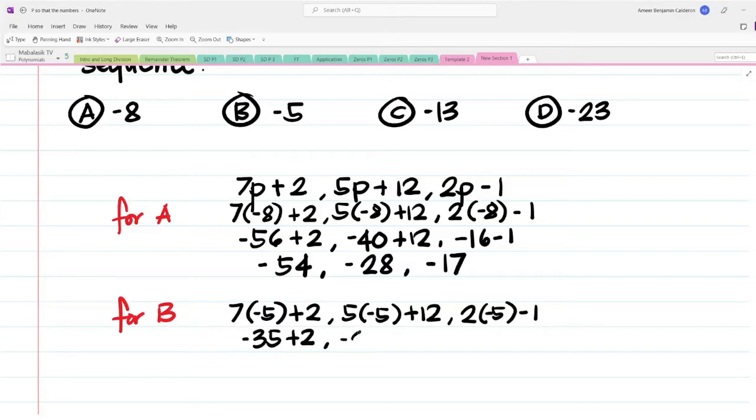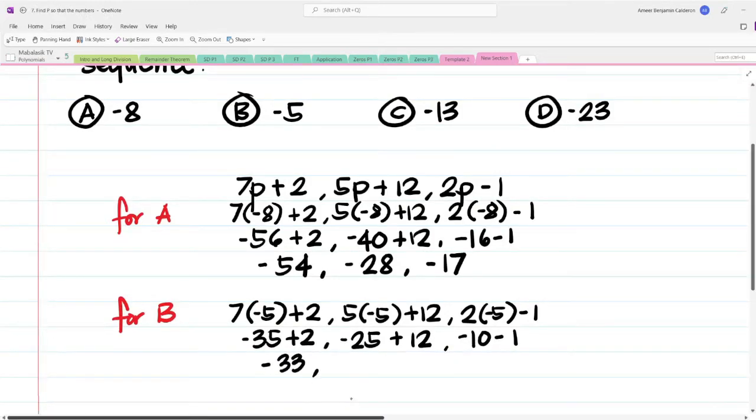We have negative 25 plus 12. And we have negative 10 minus 1. So we have here negative 33. Negative 25 plus 12, that's negative 13. And negative 11. Which obviously also is not an arithmetic sequence.